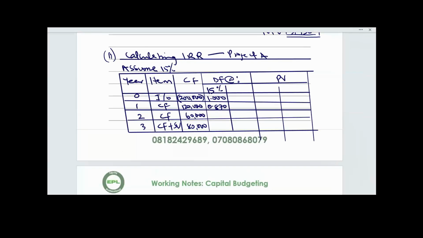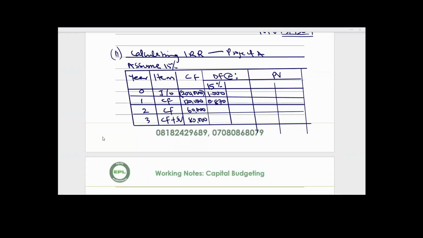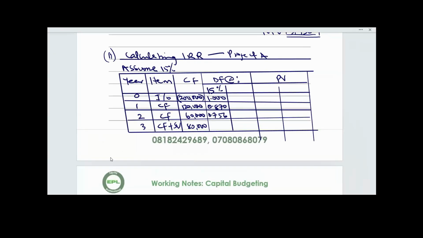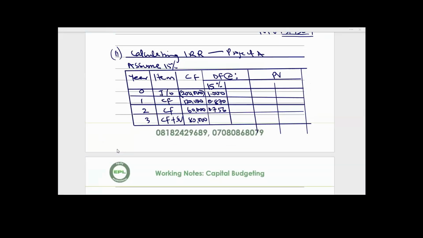Then for year 2, 1.15 raised to power minus 2 equals 0.756. Then year 3, 1.15 raised to power minus 3 equals 0.658. Therefore, I need to get the present value.